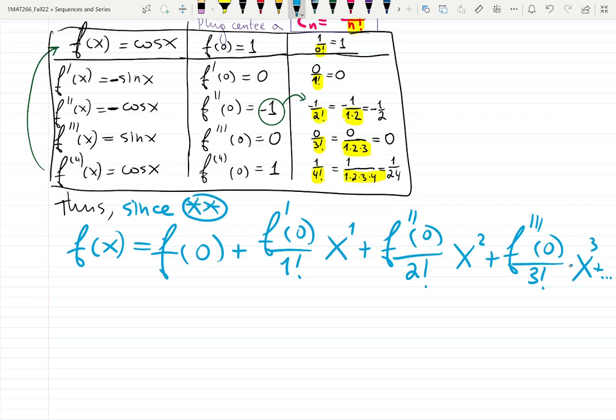This is called the Maclaurin series expansion.